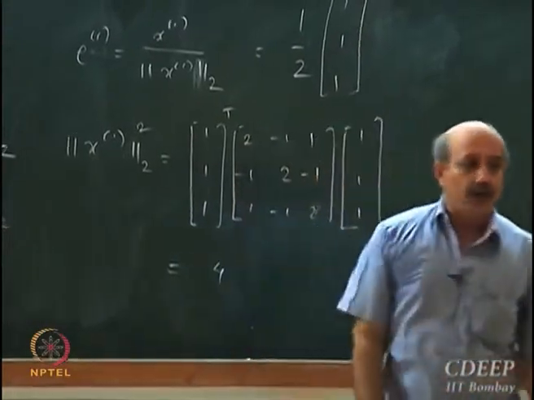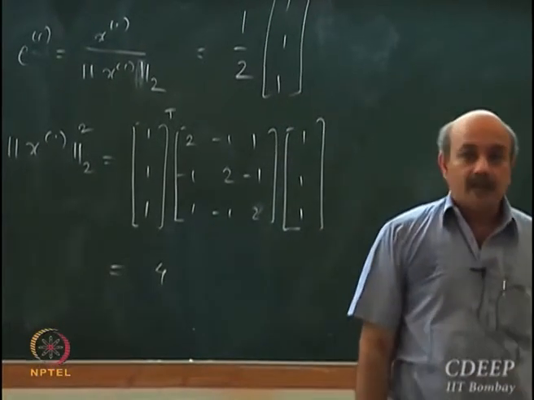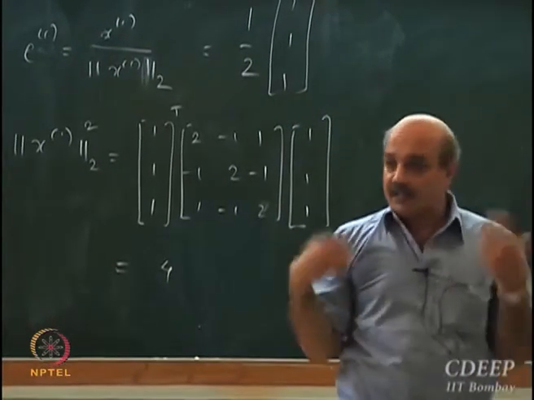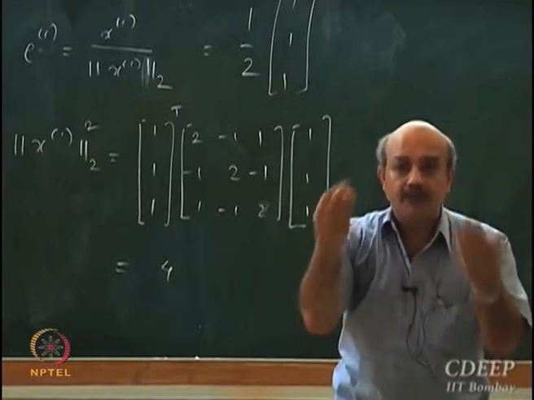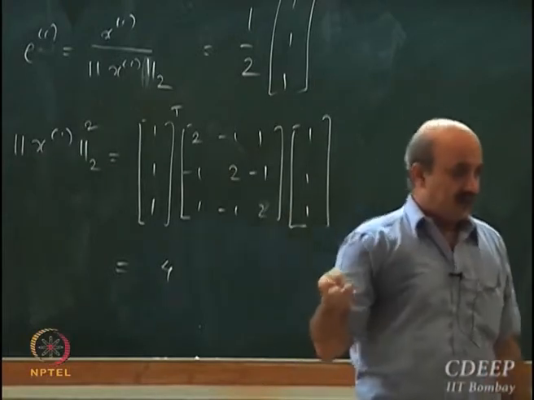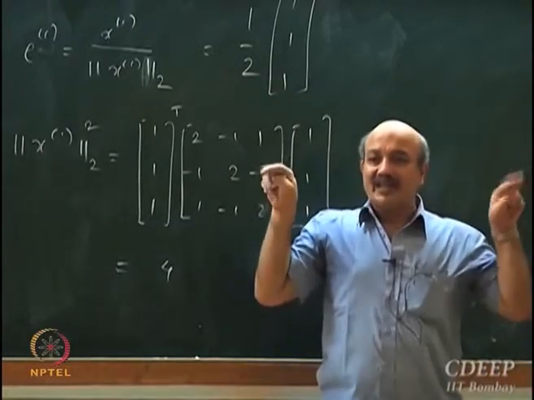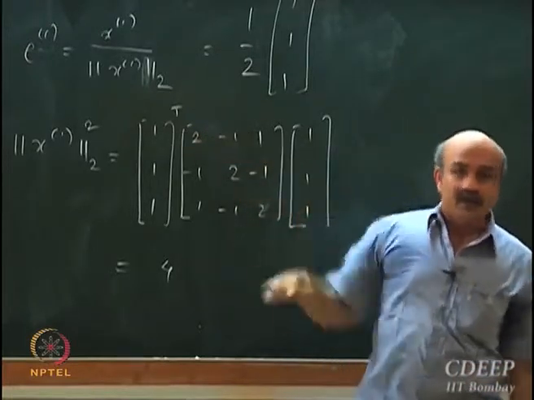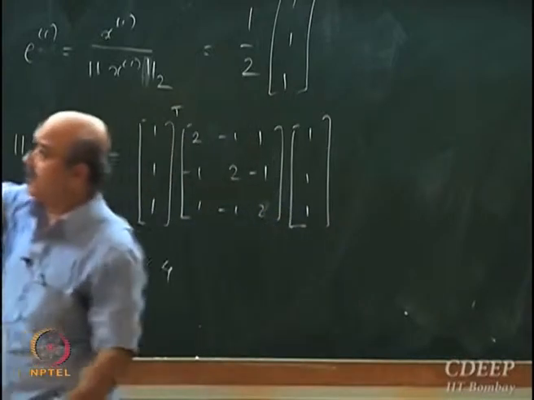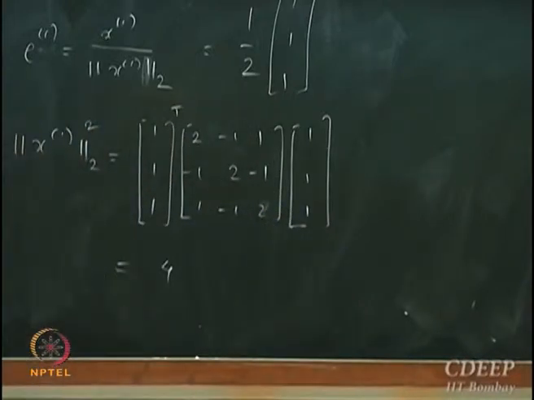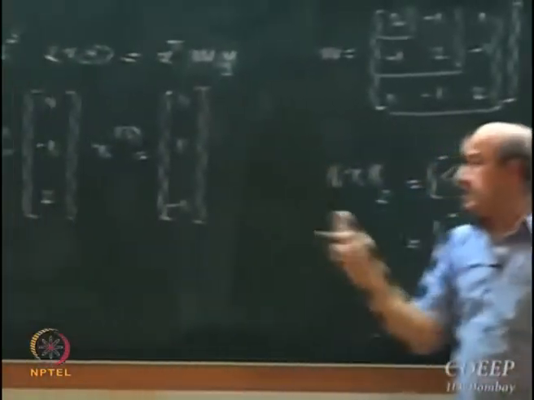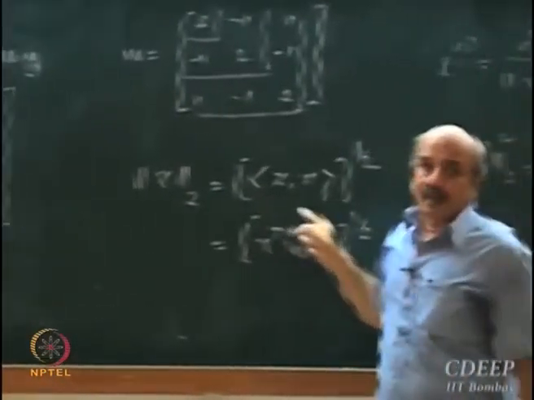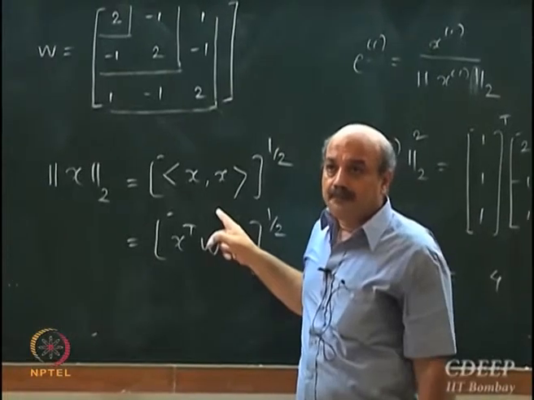This is different from what we got earlier, right? Earlier we defined inner product in a different way. So the norm which was defined through the inner product was different, and the unit vector was different. With this definition of inner product, X transpose Wy, where W is a symmetric positive definite matrix, that induces a norm, 2 norm.